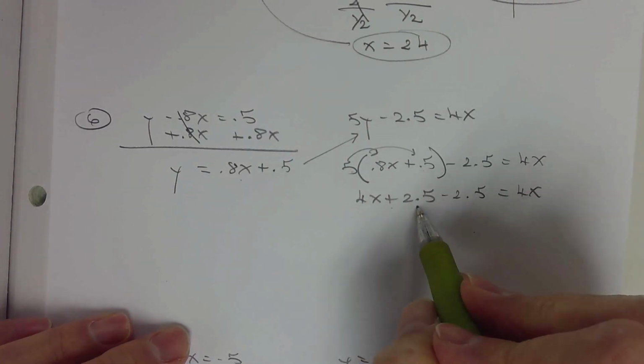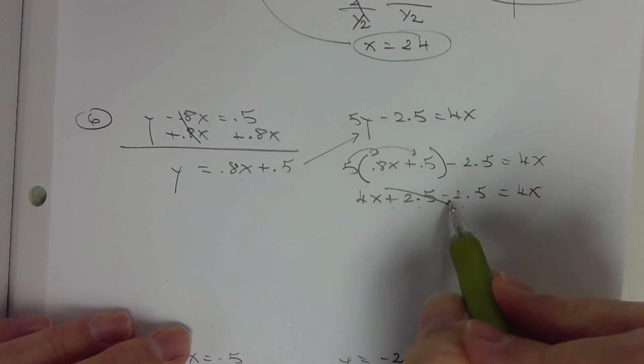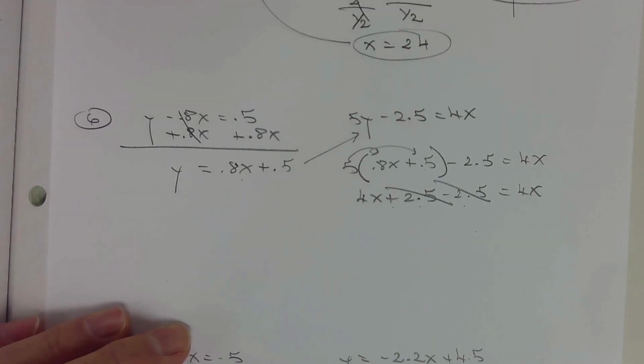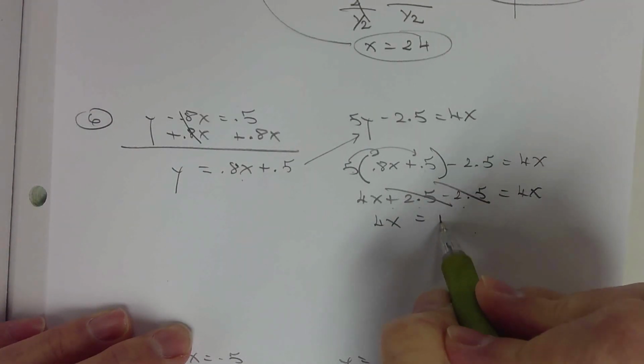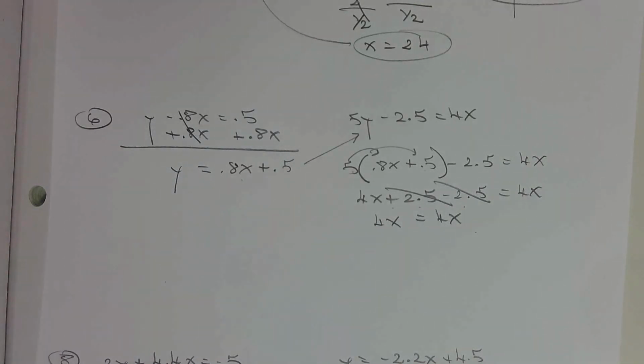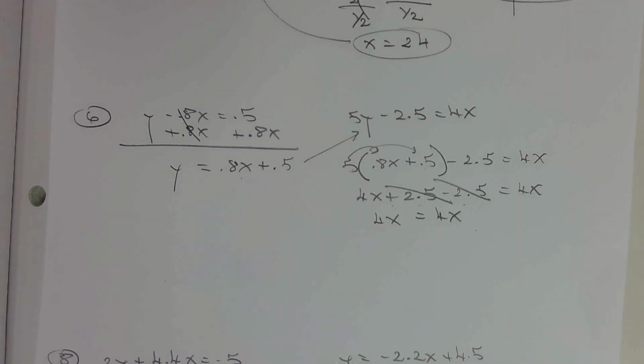So we have a plus 2.5 minus 2.5. They obviously cancel each other out. What are we left with? 4x equals 4x. And so that would be infinitely many solutions. And that's number 6.